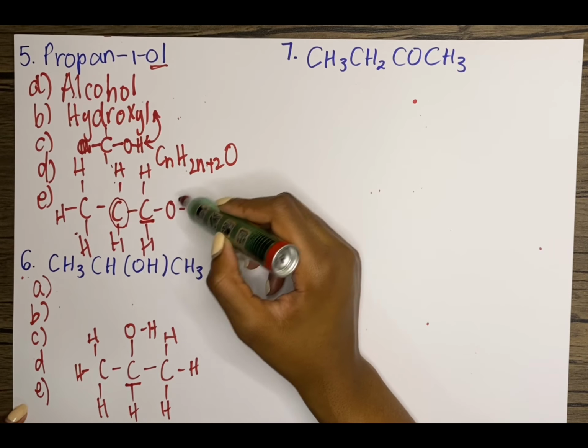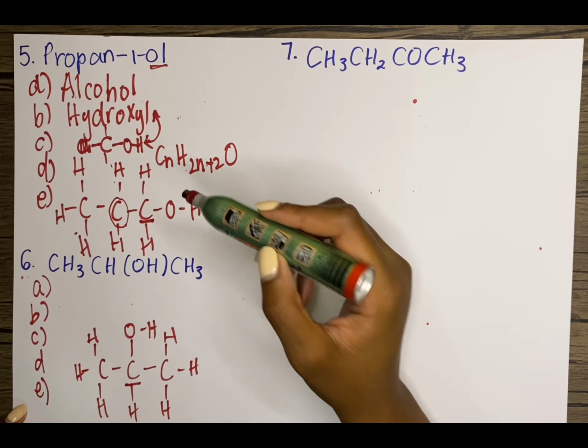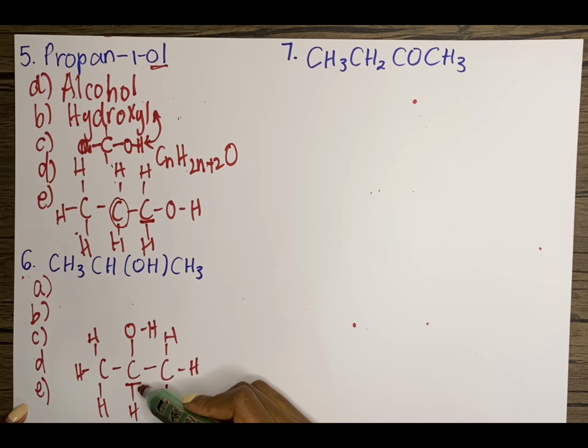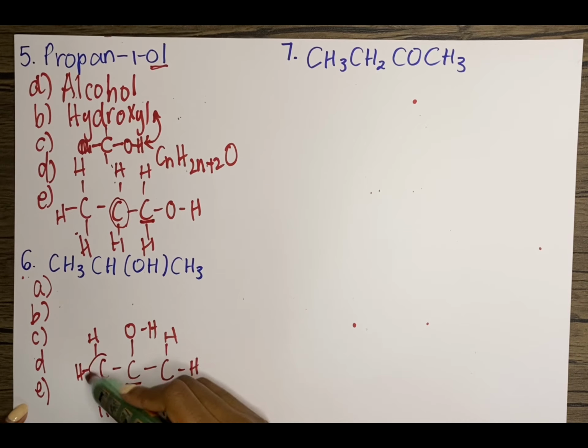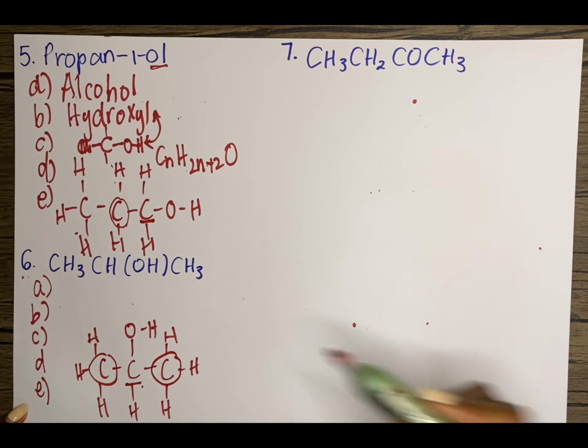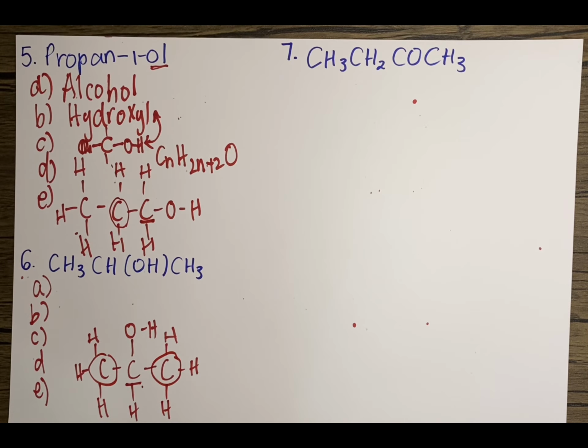That would make 5 a primary alcohol. While for number 6, the carbon that is bonded to the OH is bonded to 2 other carbon atoms. So that would make number 6 a secondary alcohol. But if the carbon that is bonded to the OH was bonded to 3 other carbon atoms, then that would be a tertiary alcohol, right?